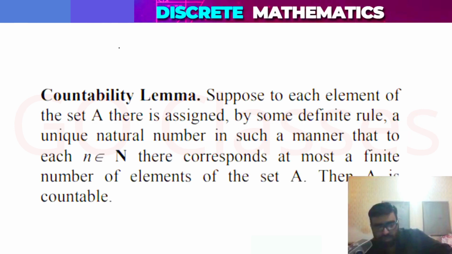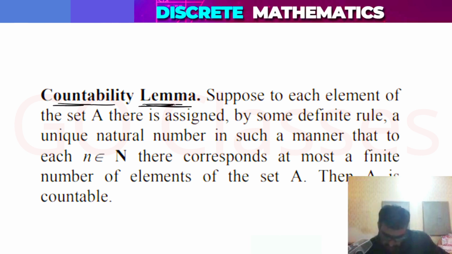I found this countability lemma in a research paper I was going through. So if you have already studied countability from any coaching or any author, most probably you have not studied this countability lemma.